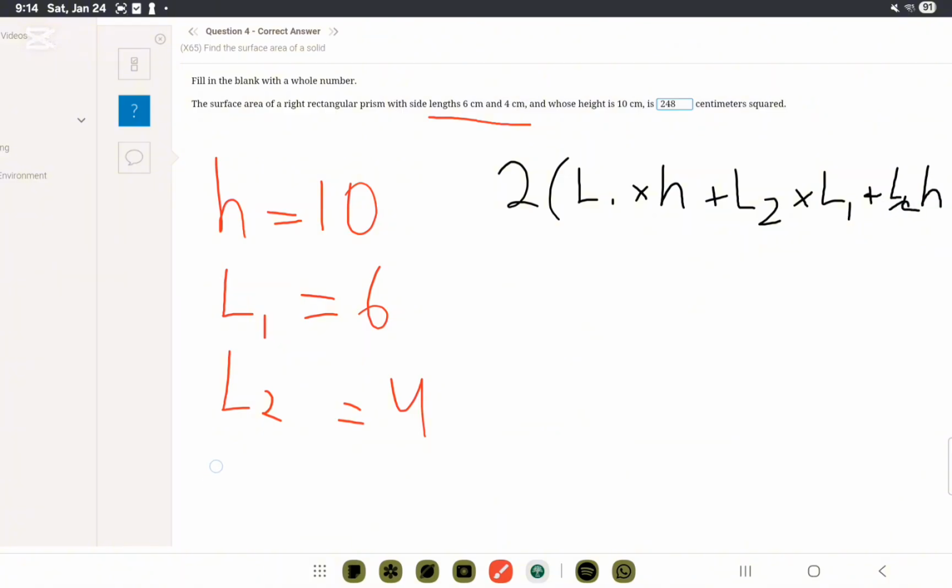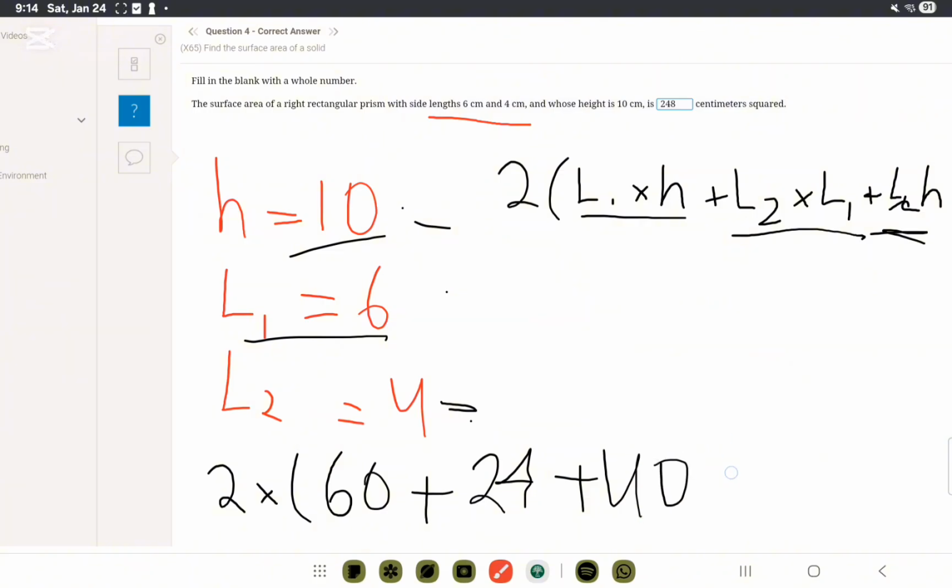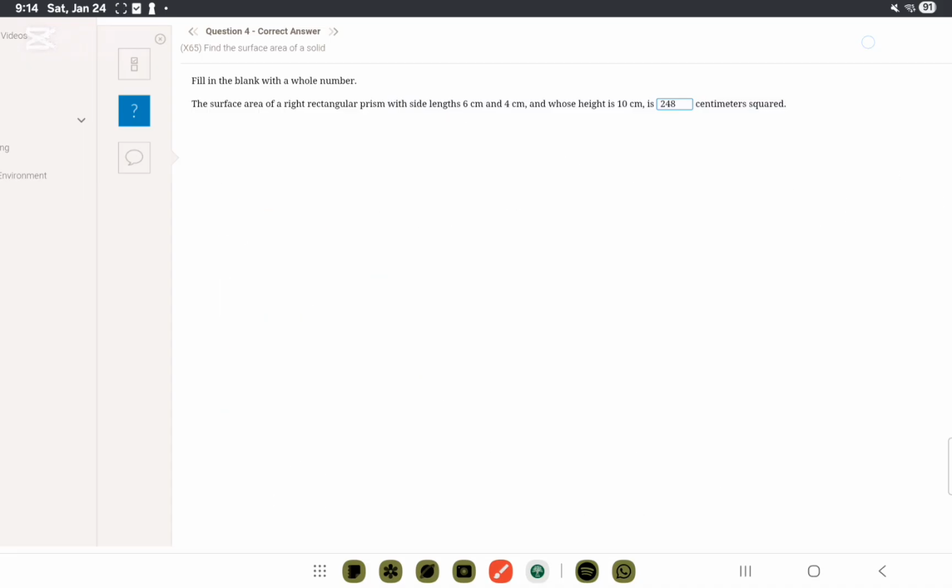I'm going to do 2 multiplied by, length 1 times height, so it's going to be 60, plus L2 times L1, which is going to be 24, plus length 2 times height, which is going to be 40. So close the bracket. 2 times 60 plus 24 plus 40, you get 248. Okay, that's it.